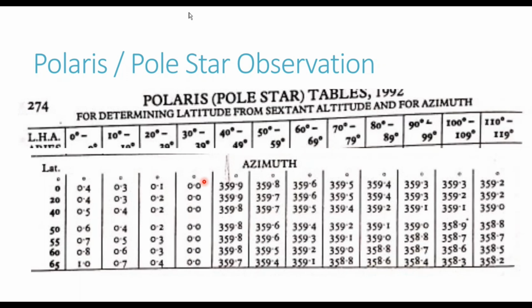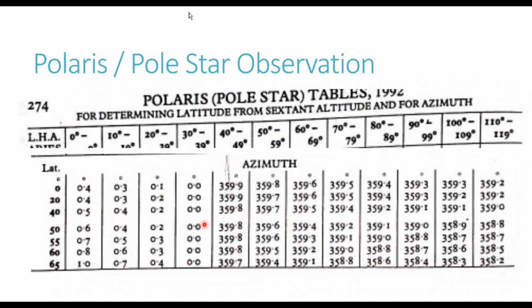It will be appearing exactly 000.0. If you go to the second page and the third page, you will see that with the LHA range equal to 210 to 219, again the azimuth in that range of LHA is exactly 000.0. Now this is significant, this is important.